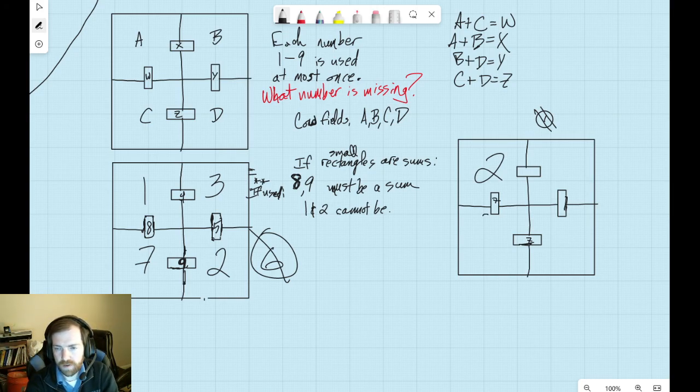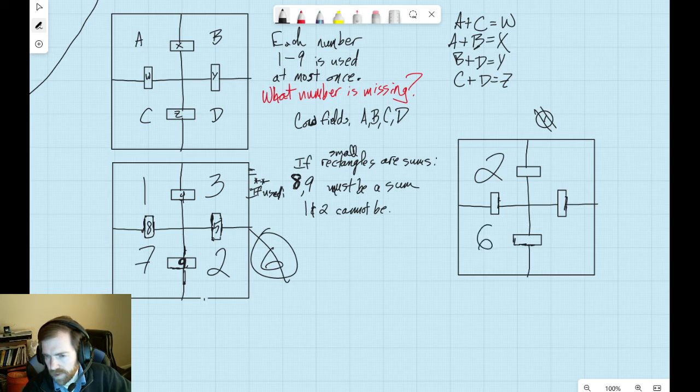So either this is a 5 or an unknown. We don't know what that's going to be. Right? So if it's 7, what's the highest value it could be? So that'd be if we have a 6.